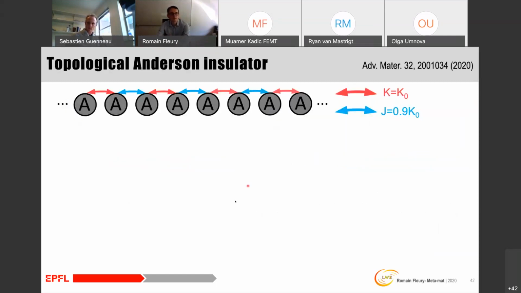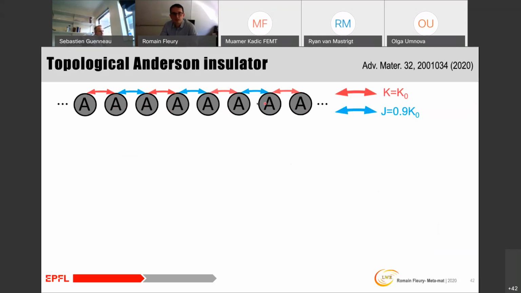So the key is to consider something called a Topological Anderson insulator. And there is a very simple instance of them in 1D. You take the same chain as before, coupled resonators, all the resonators are the same, with the same resonance frequency, and you put it in what I call the trivial regime, where there's no edge mode for that chain.